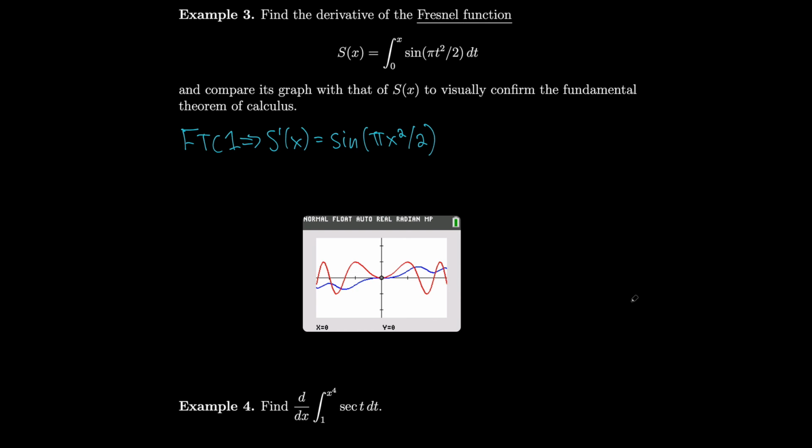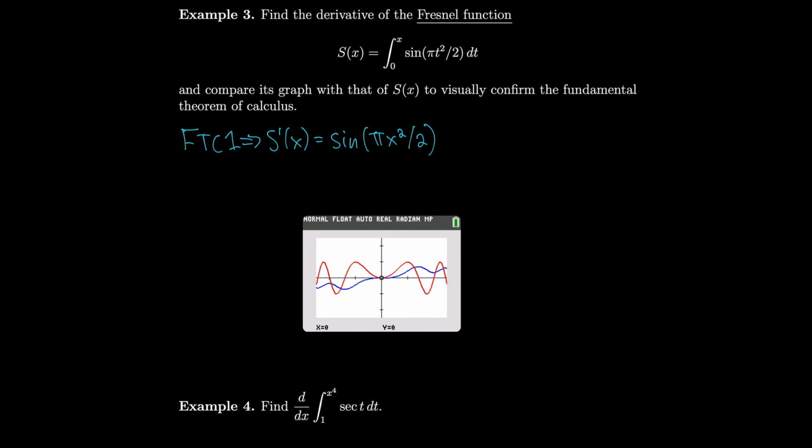Notice that from here to here, our original function is increasing, and our derivative is positive over there. Then we hit a maximum value, and our derivative is 0. Then our function starts decreasing, and our derivative is negative over there. Then we start increasing again, and our derivative is positive, and then we just start decreasing right at the end, and our derivative becomes negative.